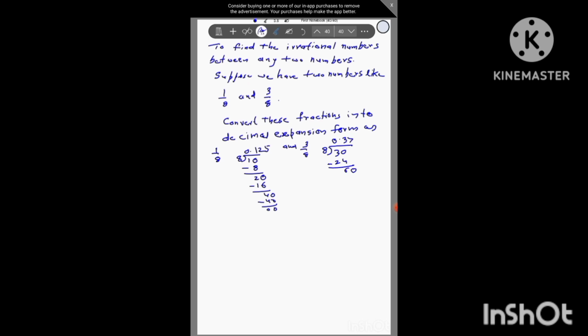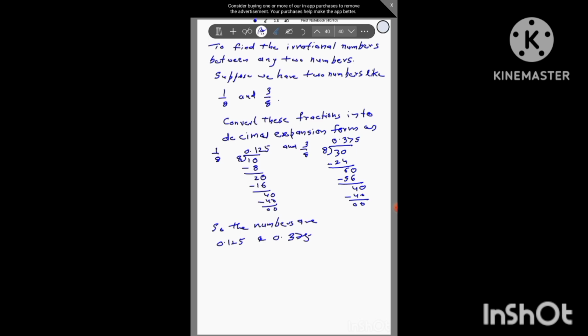The concept of irrational numbers is different from rational numbers. Though it is not difficult, you need to know what irrational numbers are first. Then with these two numbers 0.125 and 0.375, any numbers given can be converted in this form.